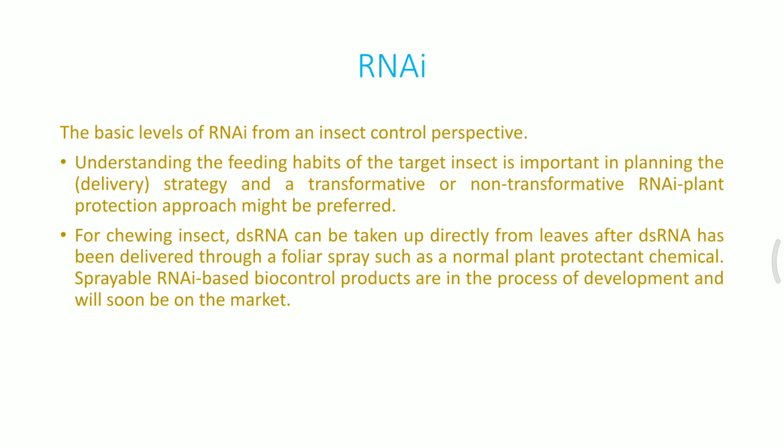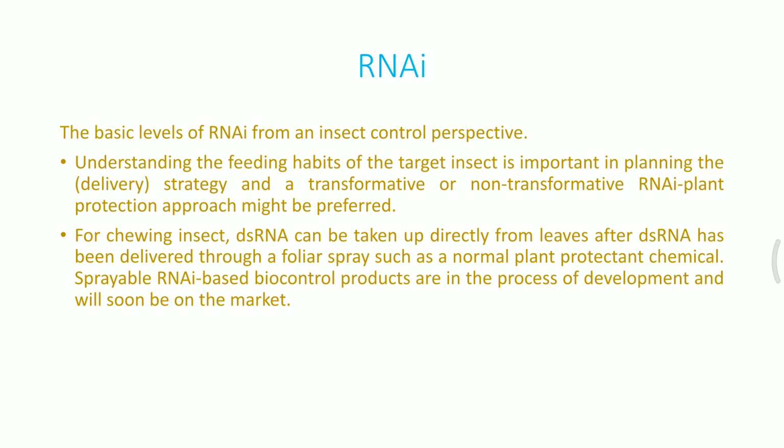One more thing is the delivery system. Are we going to use Agrobacterium tumefaciens, some vector, the gene gun method, or some other technique for manipulation of the DNA of the transgenic organism?